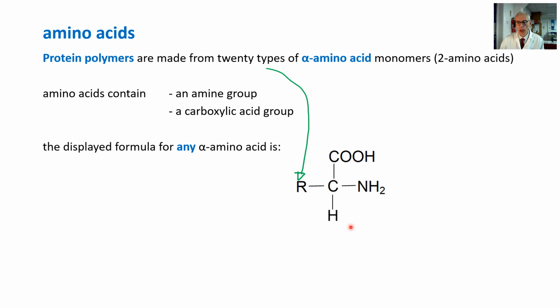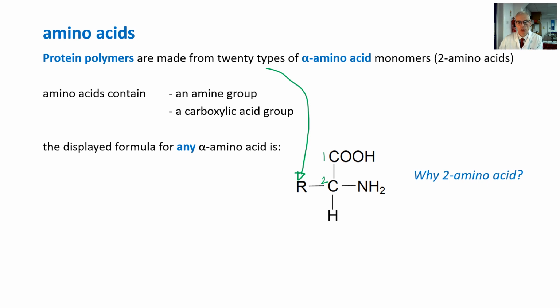Before we go on, just pause for a moment and explain why they are also known as 2-amino acids. Come back to me when you have your answer. Okay, so if we think of the carbon chain, this would be carbon number 1, this would be carbon number 2, and whatever is in the way of carbons in the R group.